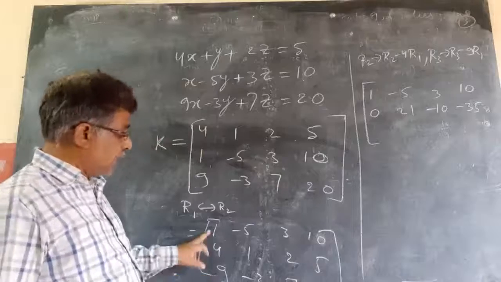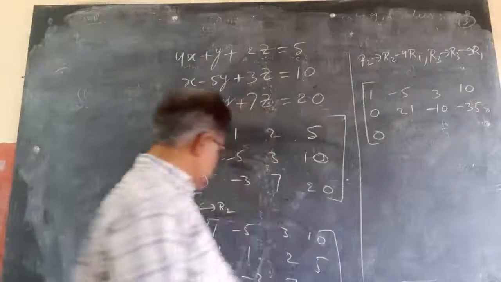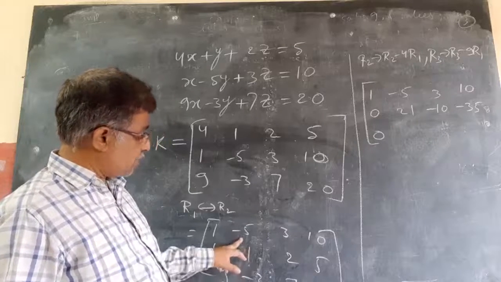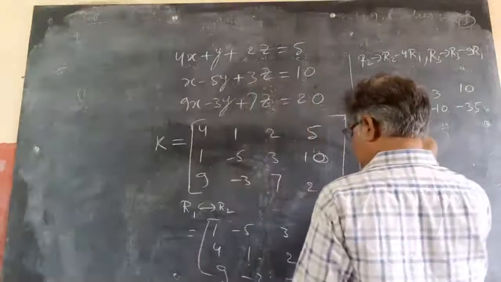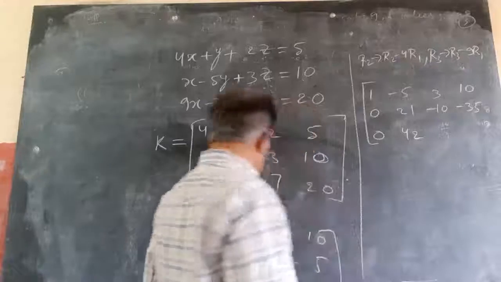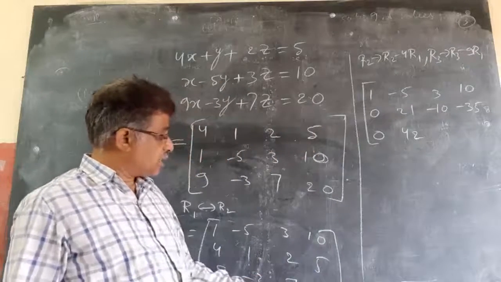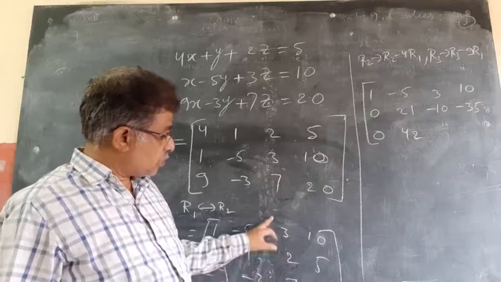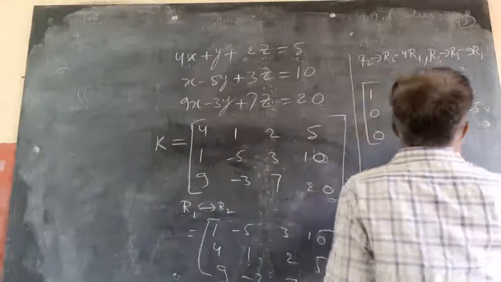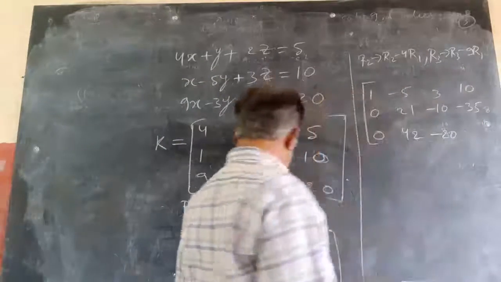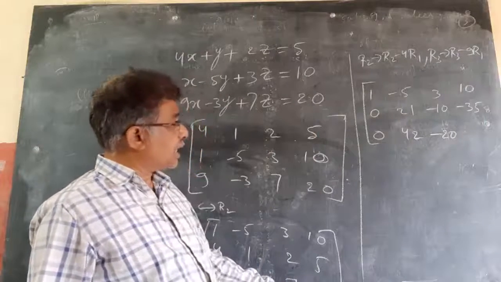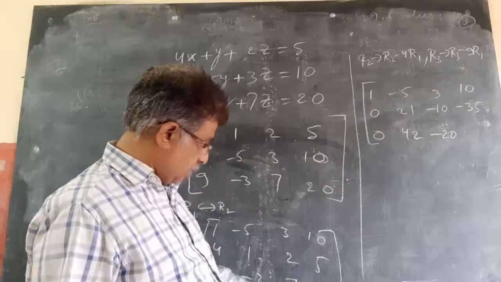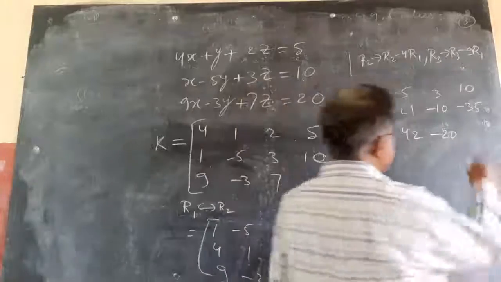Now, 9 minus 9 is 0. Then minus 3 plus 45 is 42. Next, 7 minus 27 is minus 20. Next, 20 minus 90 is minus 70.